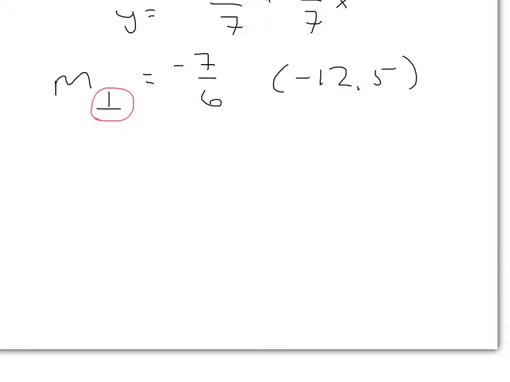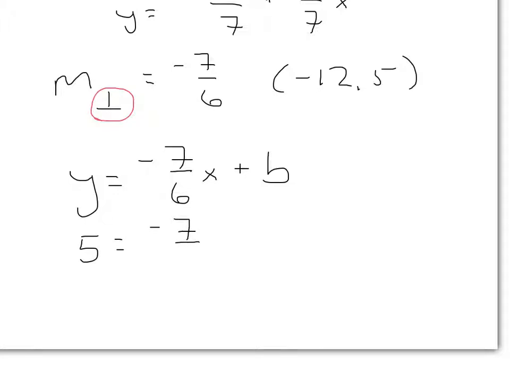So I'm going to start writing the equation of the line. Y equals, I know the slope, negative 7/6 x plus b, which I don't know. But what I do know is an x and a y, so I'm going to put the 5 in place of y. 5 equals negative 7/6 times x, which is negative 12, plus b. And then I'll just do the algebra and find b.